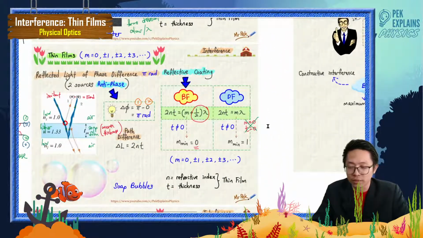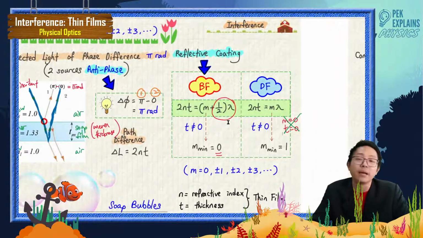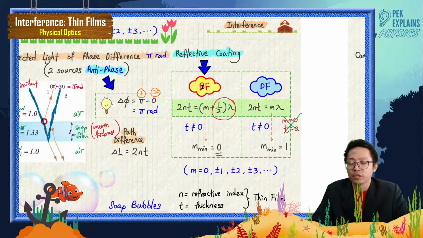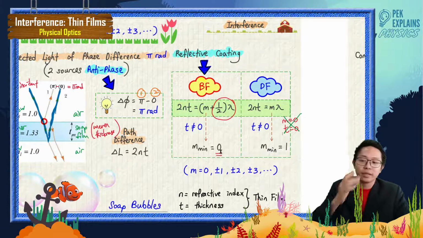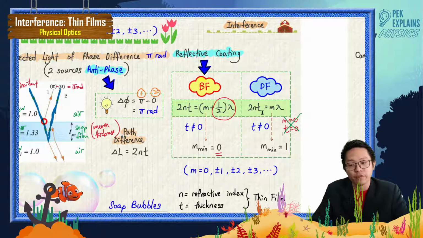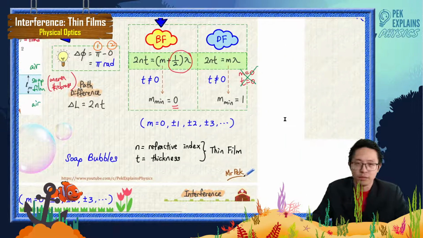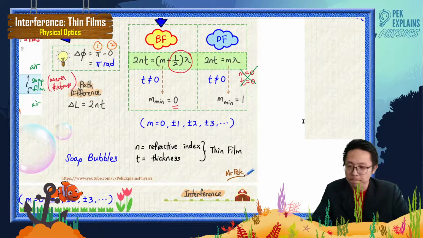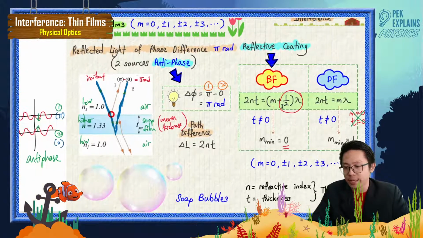For the dark fringe minimum thickness, you put m equal to 1. For the bright fringe minimum thickness, you can put m equal to 0. Or maybe the question will ask for maximum wavelength. So it's how you change the equation. Okay, I have explained everything.